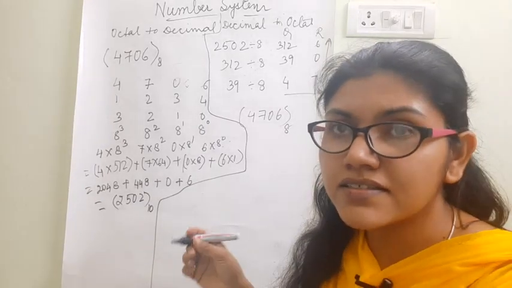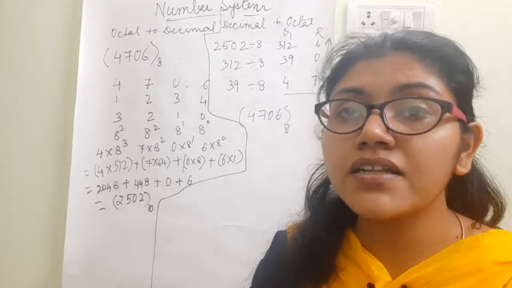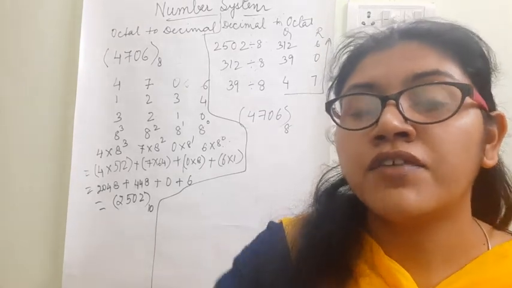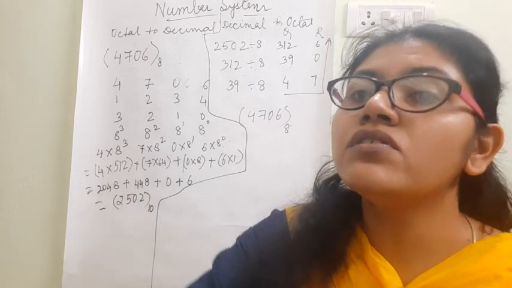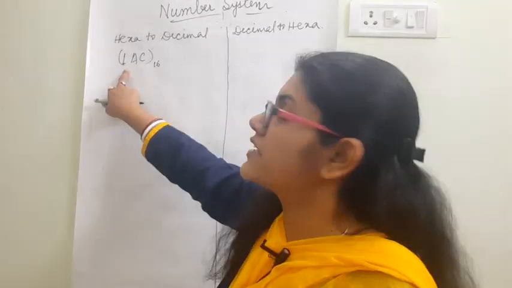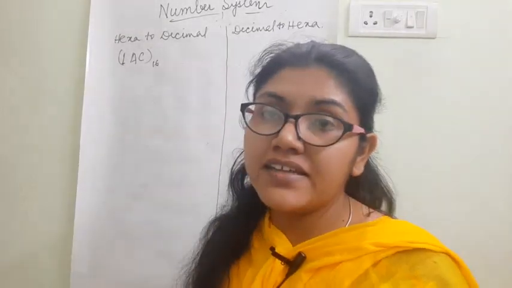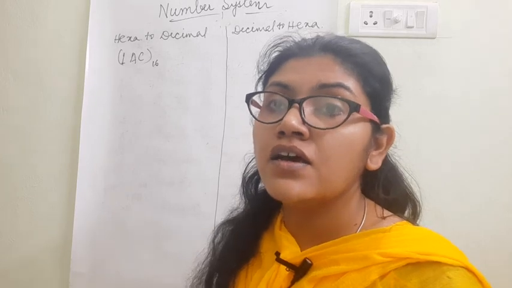Okay, this is correct. Now we will see hexadecimal, converting hexa to decimal and decimal to hexa. Here I have taken a hexa number to convert to decimal, that is 1AC. You know the value of A is 10 and C is 12.